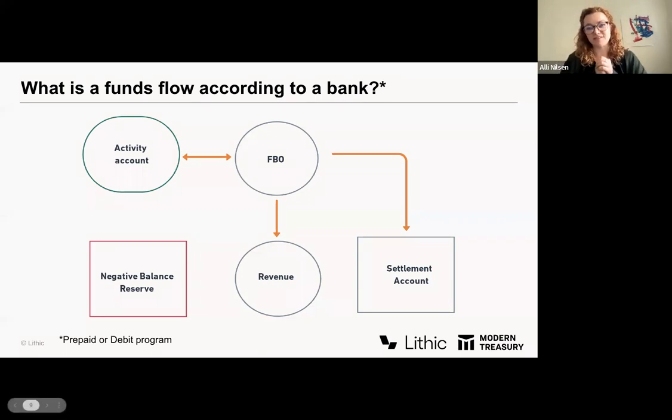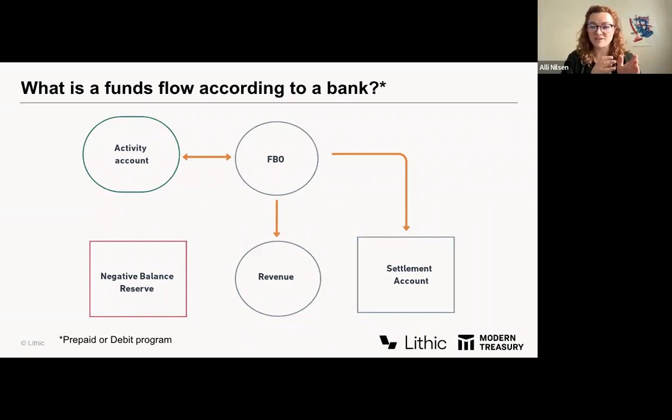So let's go back to the example: I put $15 into the FBO to support my coffee addiction. Caitlin also puts in $10 to support her coffee addiction, because I'm assuming I'm not the only one on this call. And the FBO then would have a total of $25 sitting in it. That is how the bank is going to see that FBO.